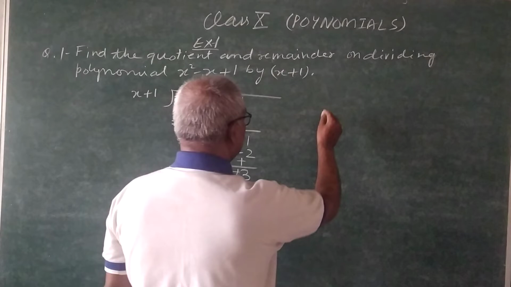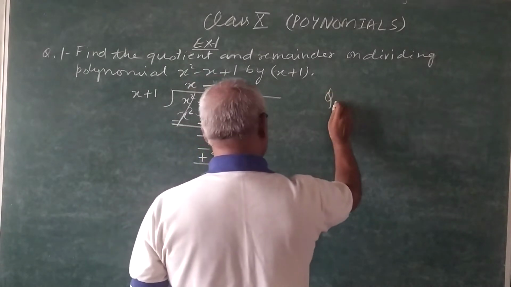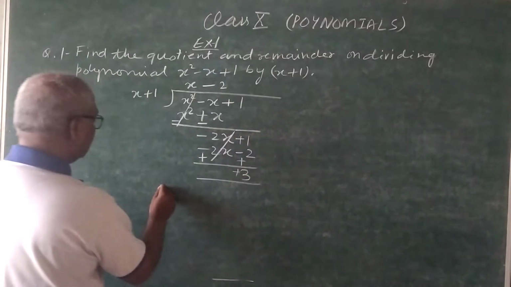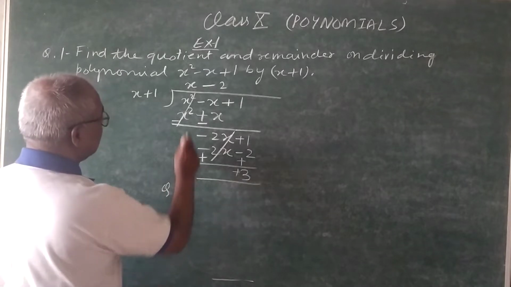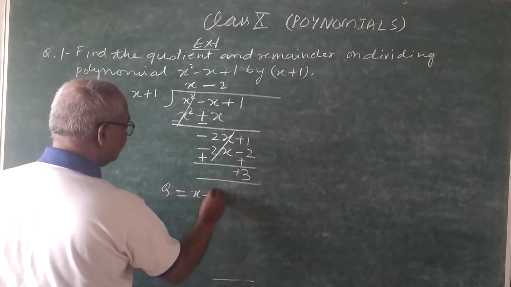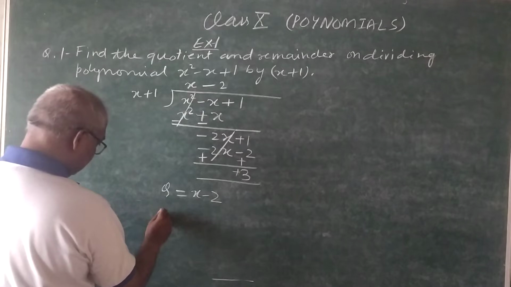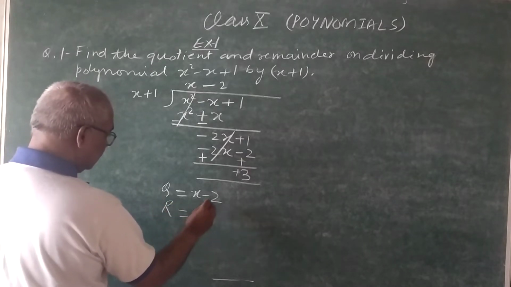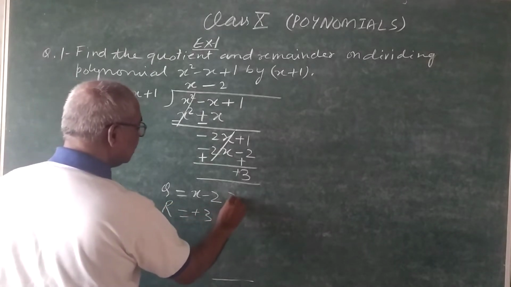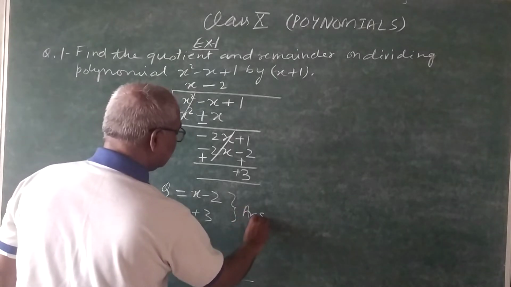So the quotient q is x minus 2, and the remainder r is plus 3, and that is your answer.